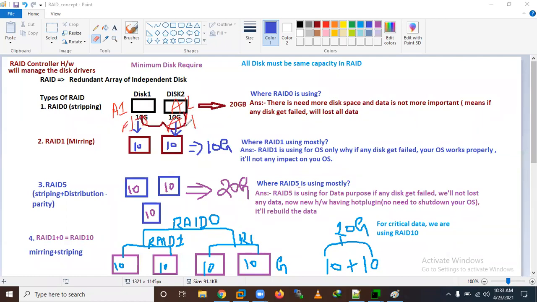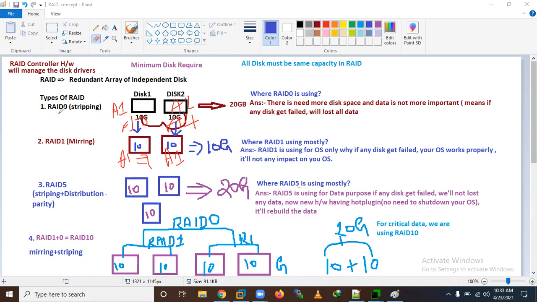That is called block data striping. And in mirroring, if A1 data is written here, the same shadow copy of the block data is written here also. It is A1, not A2. That is called a shadow copy.